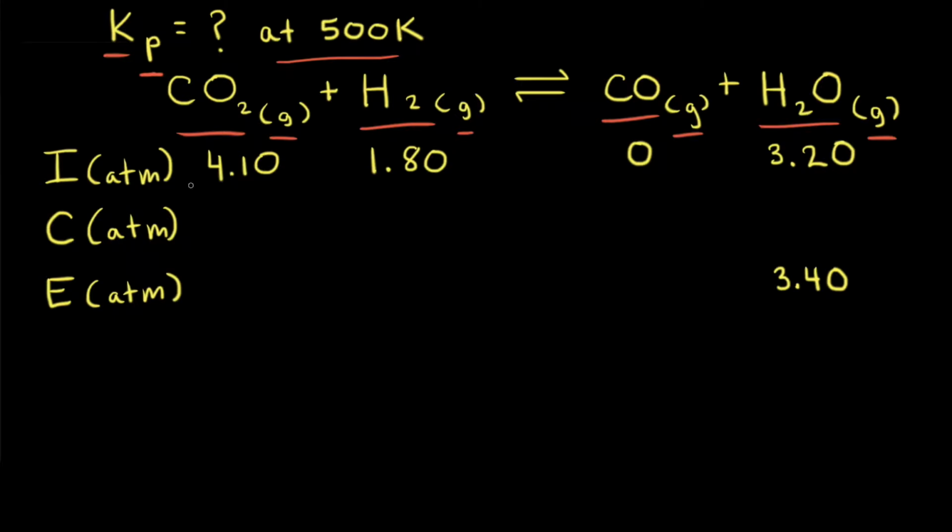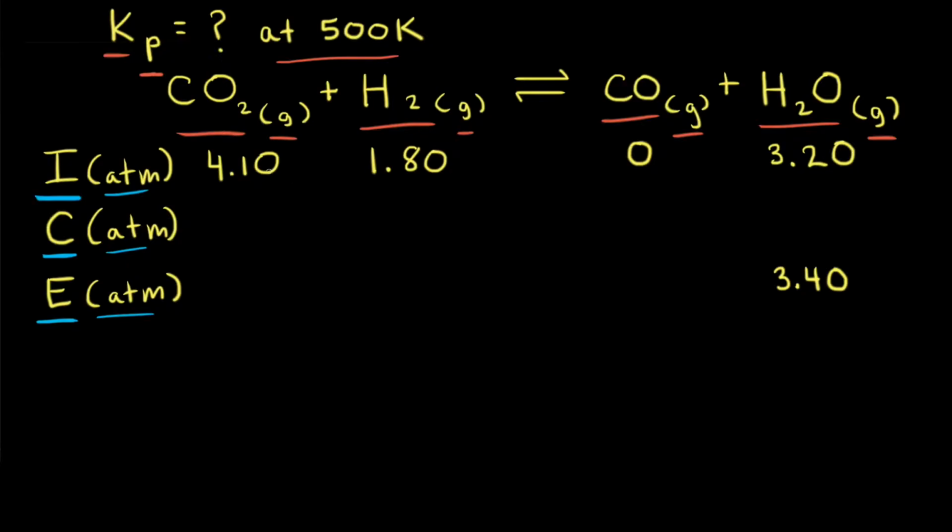To help us, we're going to use an ICE table, where I stands for the initial partial pressure in atmospheres, C stands for the change in the partial pressure, also in atmospheres, and E is the equilibrium partial pressure. Let's say that a mixture of carbon dioxide, hydrogen gas, and H2O are placed in a previously evacuated flask and allowed to come to equilibrium at 500 Kelvin.